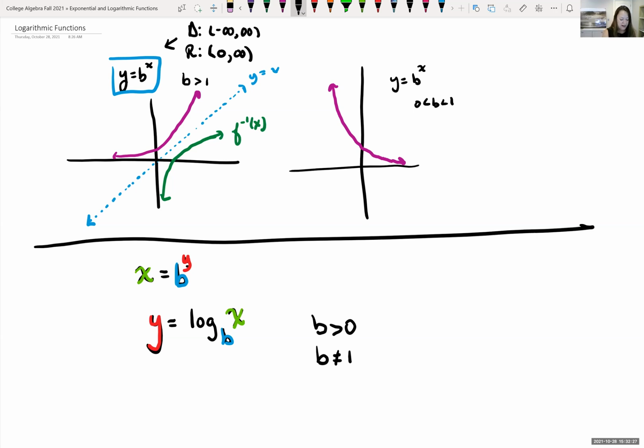And so our range here, our x values for our domain here, have to be the same as the range of the exponential, but with x values. So from 0 to infinity. What that's telling me is that what we are taking the log of has to be bigger than 0.